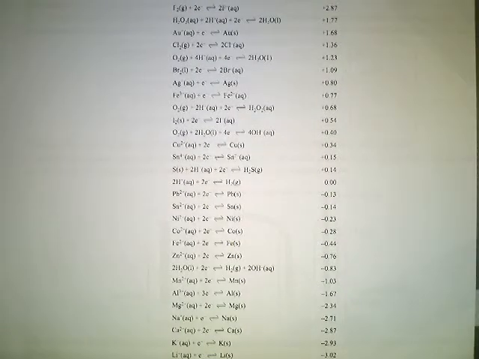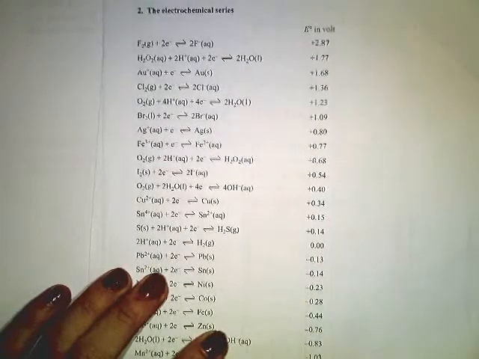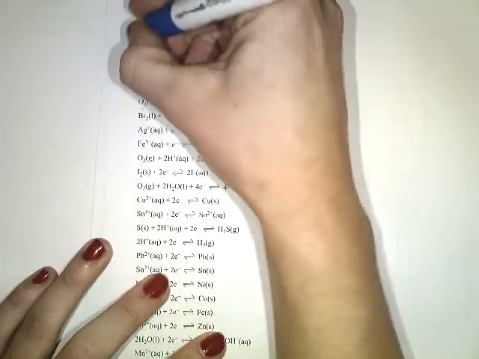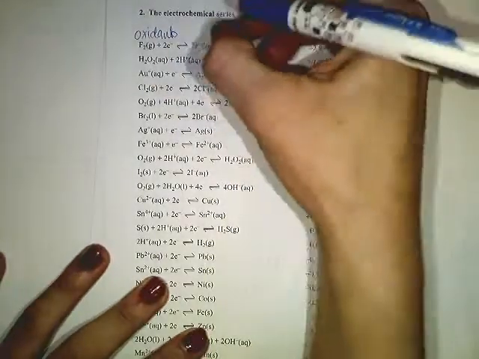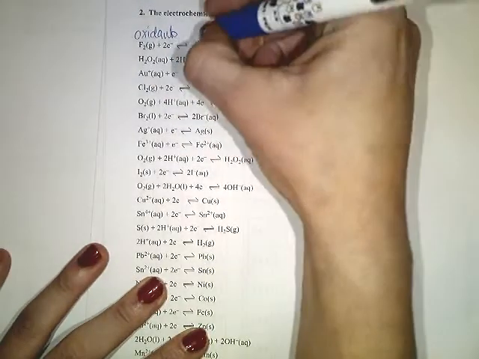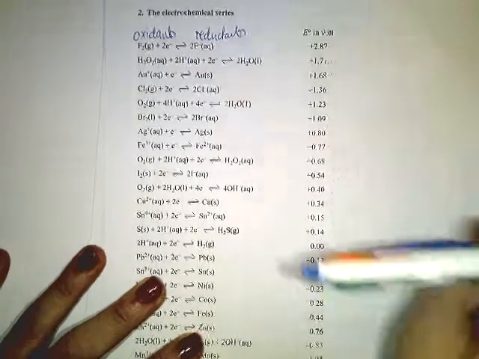Now, if we turn our attention to the electrochemical series, I'm going to speak about it for a little while. We should know by now that oxidants are on the left-hand side of the electrochemical series, and reductants are on the right-hand side.